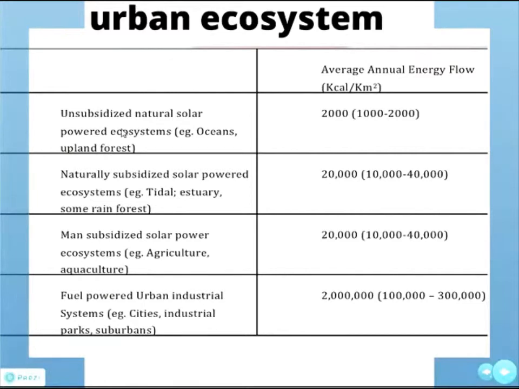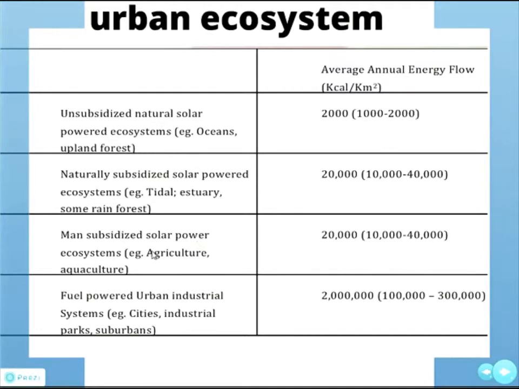Unsubsidized natural solar powered ecosystem, you can think of a lot of examples for that: plants, photosynthesis, and so on. And then naturally subsidized solar powered ecosystems like tidal, estuary, and rainforest would use 10 times that.